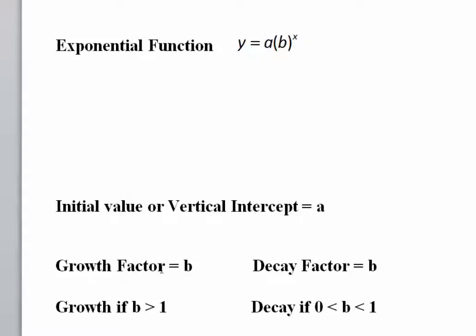It's considered a decay factor if b is between 0 and 1. So any fraction, if b was a half, that would be between 0 and 1, or some type of positive decimal less than 1 would qualify as well. So if b is between 0 and 1, we have decay. If b is bigger than 1, we have growth. And this is the general form of our exponential functions.